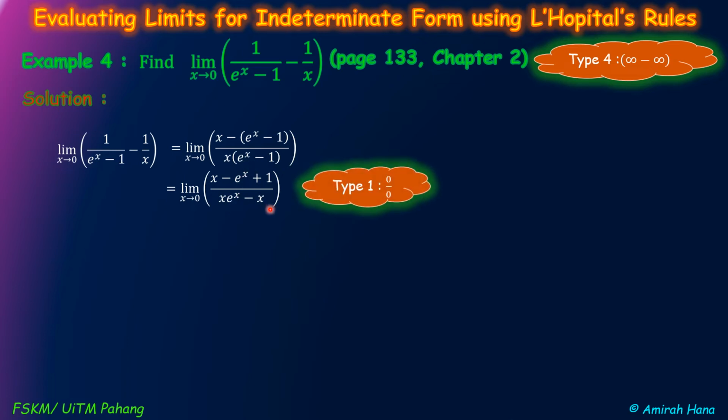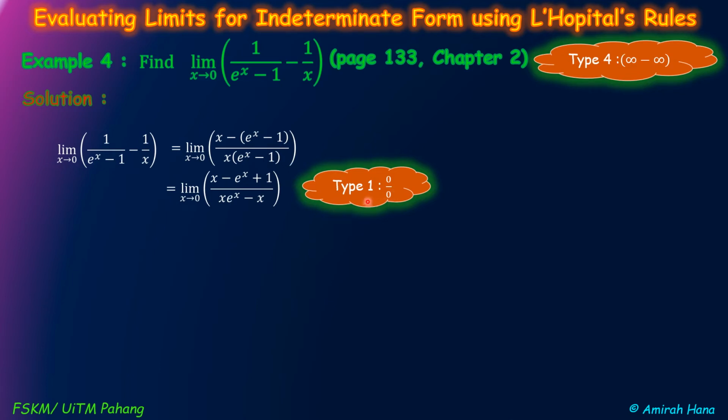If we use direct substitution, we substitute 0 here. So 0 minus e to the power of 0, which is 1, so 0 minus 1 plus 1 becomes 0. In the denominator, substituting 0 into x, we have 0 minus 0, which is 0.